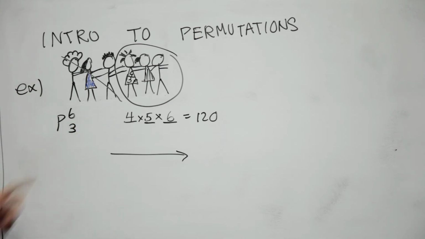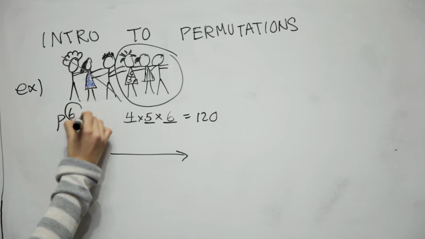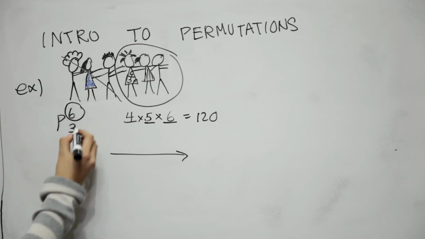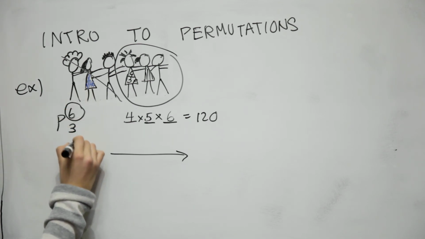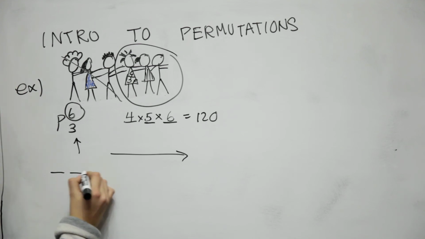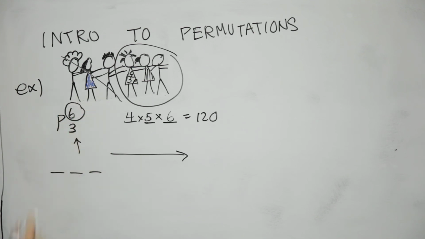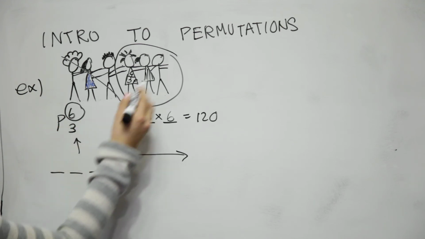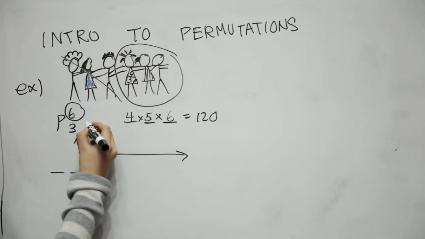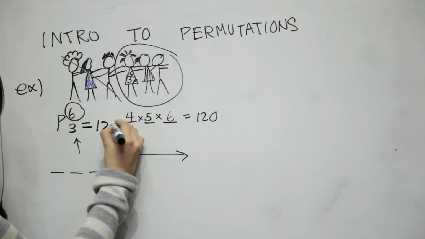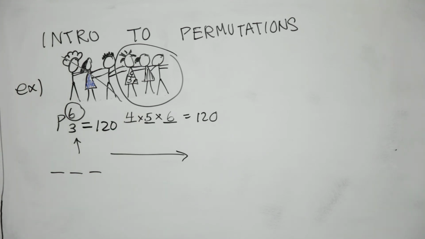What this is saying is that there are 6 choices, and there are 3 actual objects you want to order. So again, there are 6 choices or objects, and you only want to permute 3 of them. So 6P3 is this problem right here, and that's also equal to 120. Luckily, you don't have to memorize all of these. There is a formula.